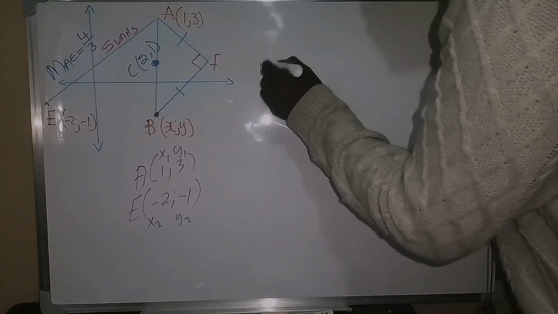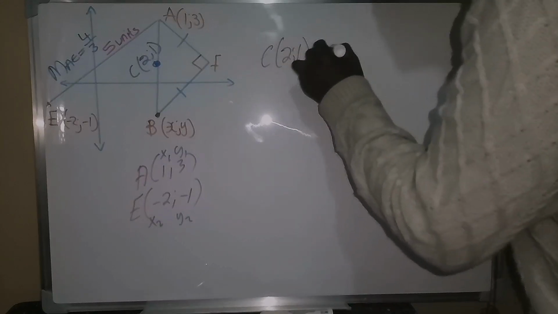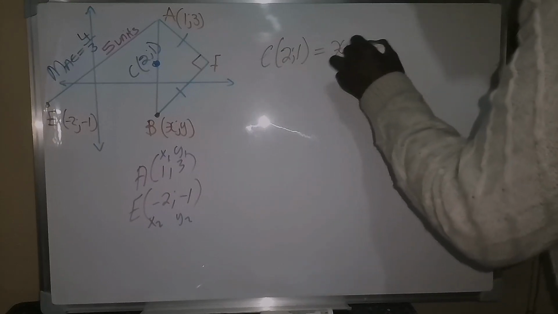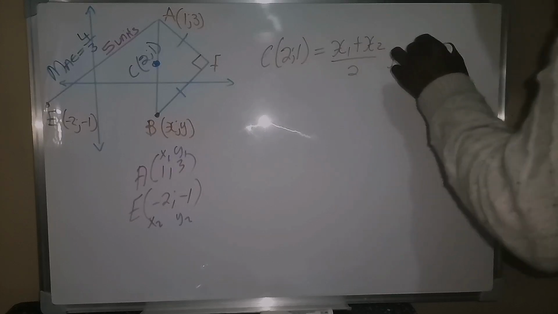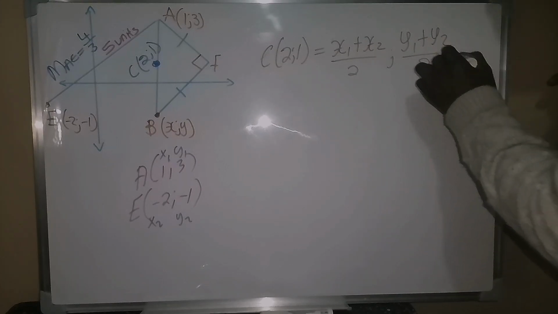The coordinates of C (2, 1) equal the midpoint formula: x1 plus x2 over 2, y1 plus y2 over 2.